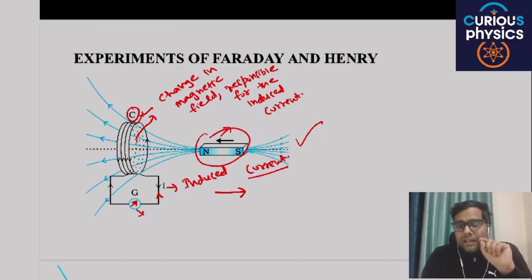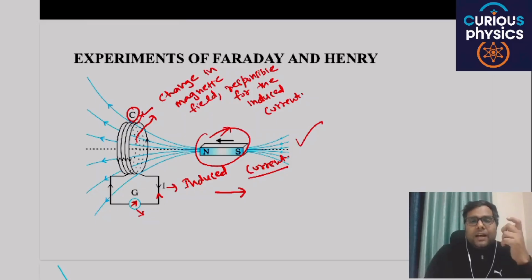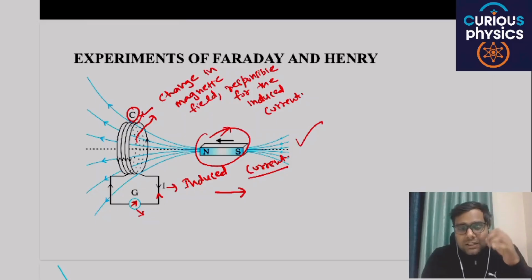This magnet will increase the magnetic flux. Then according to Lenz's law, the induced current in the coil C will be produced in such a way that it will try to decrease the magnetic flux in the coil C. Are you able to understand my point or not?